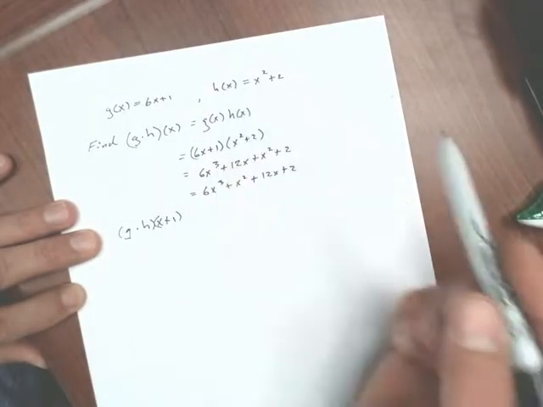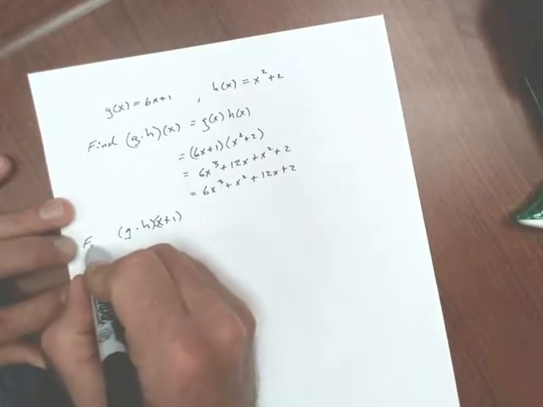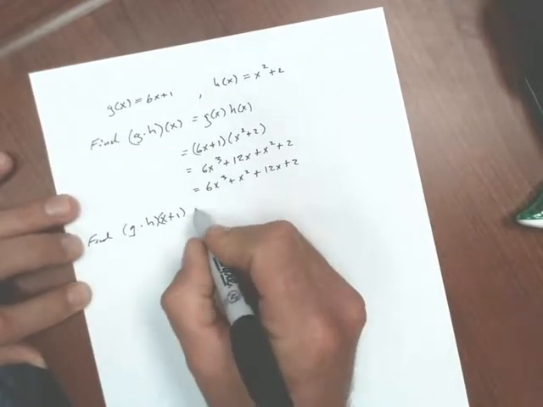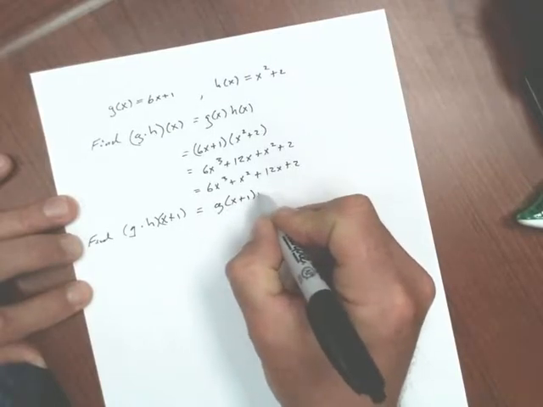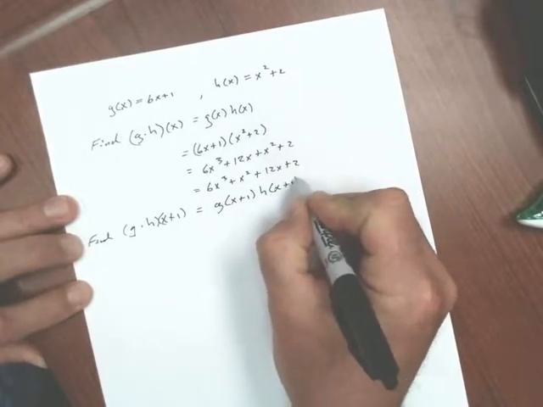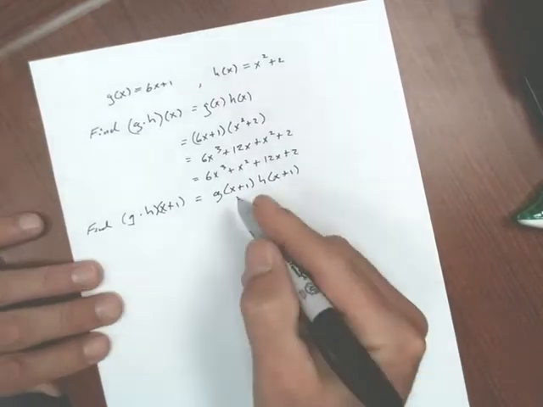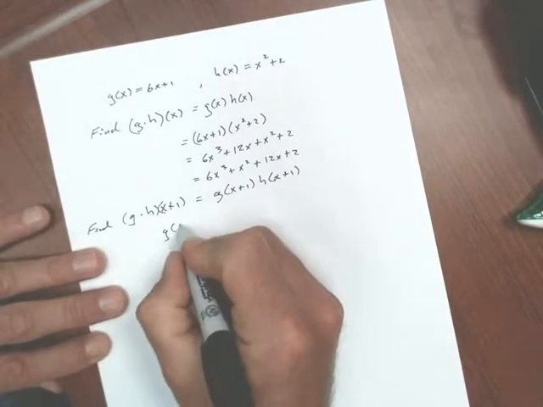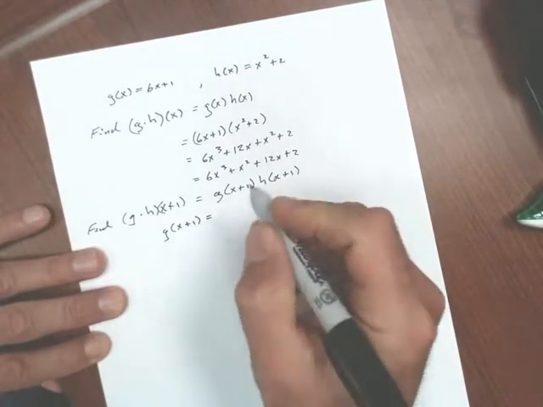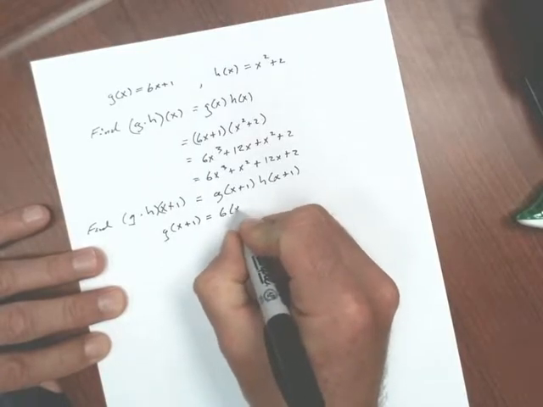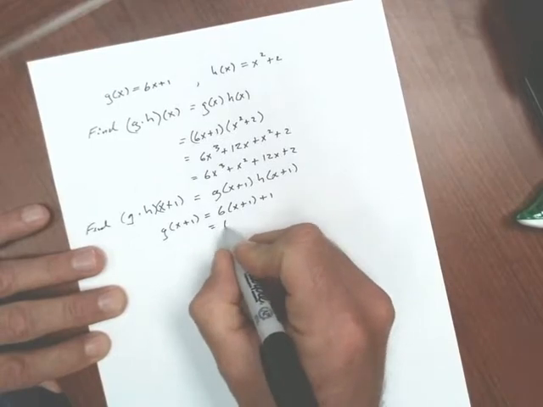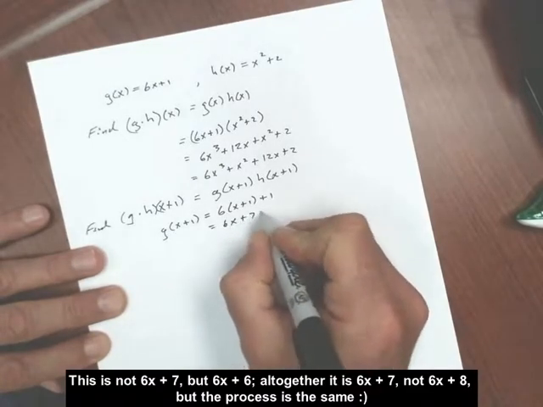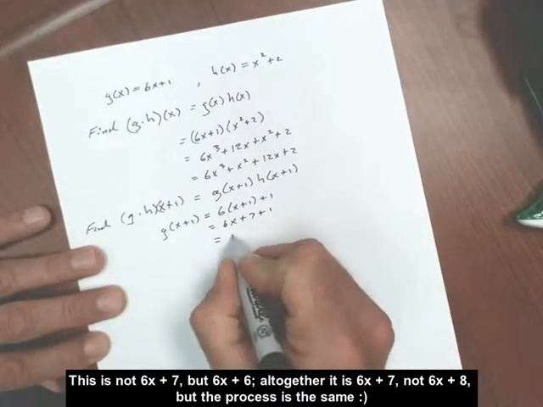So if we wanted to find this, then that would equal g of x plus 1 times h of x plus 1. So what is g of x plus 1? g of x plus 1 equals 6 times x plus 1, plus 1. That equals 6x plus 7 plus 1, which equals 6x plus 8.